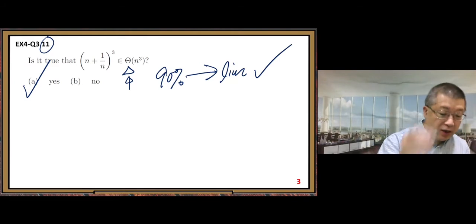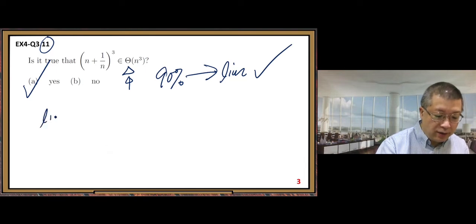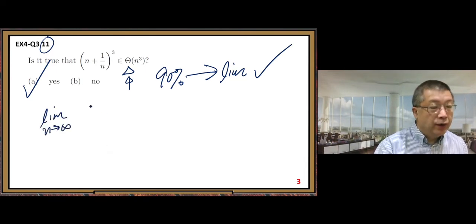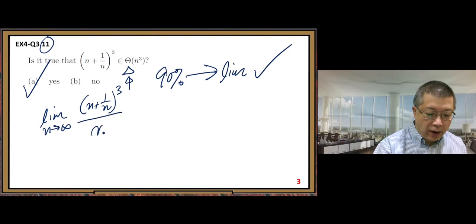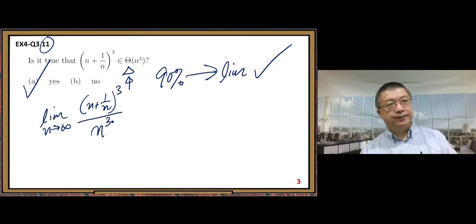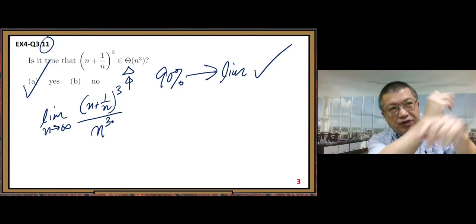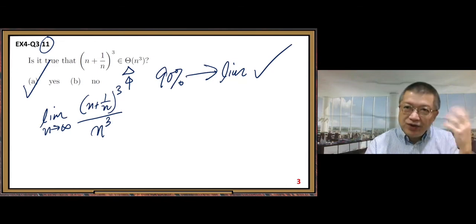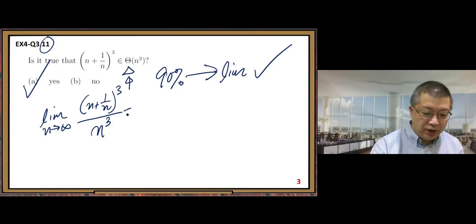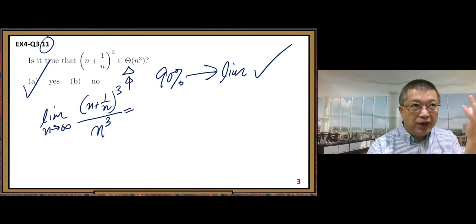Let me show you. Let's do the limit here, n goes to infinity, the numerator (n plus 1 over n) cubed over n cubed. Let us do a transform so we can see the result easier.